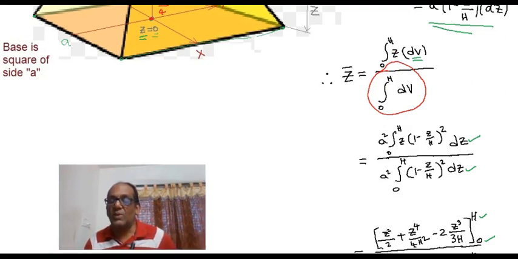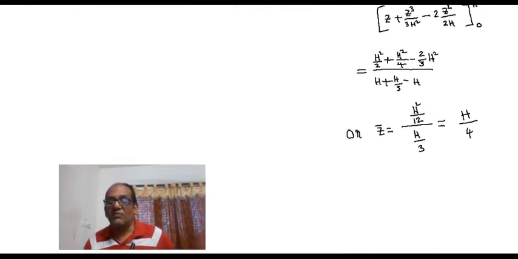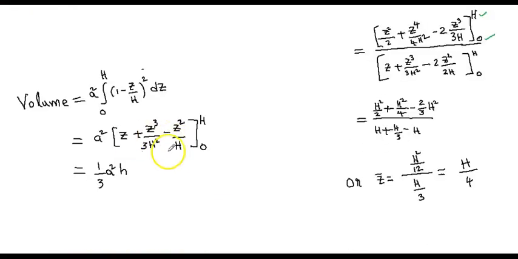So if we evaluate the integral in the denominator, the volume of the square pyramid is evaluated as this expression over here, which simplifies to 1 over 3 a square h, where h is the height of the square pyramid.